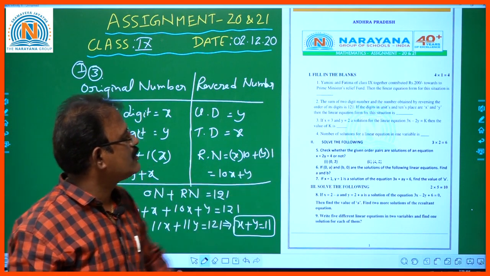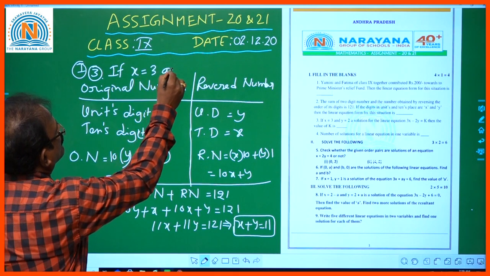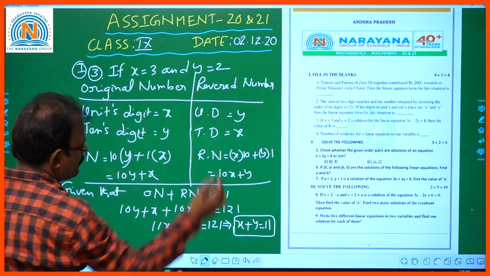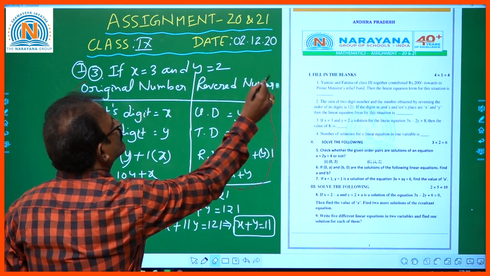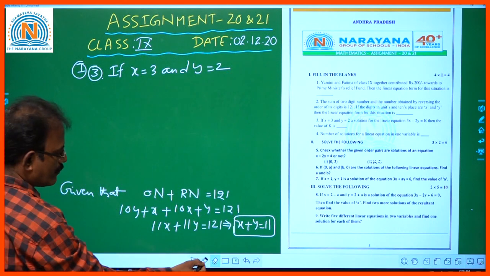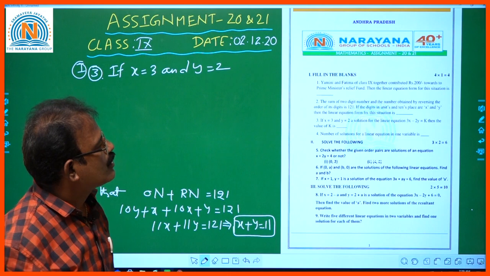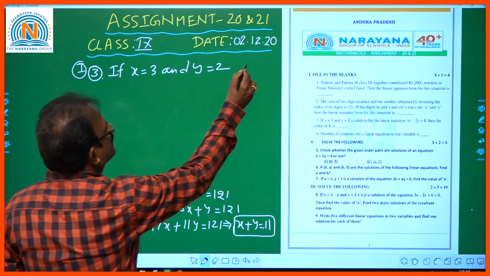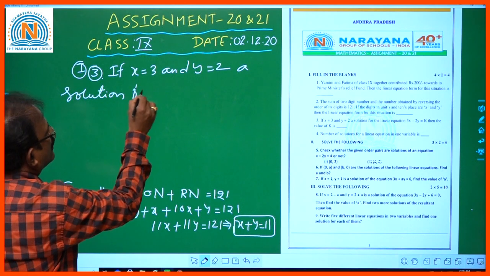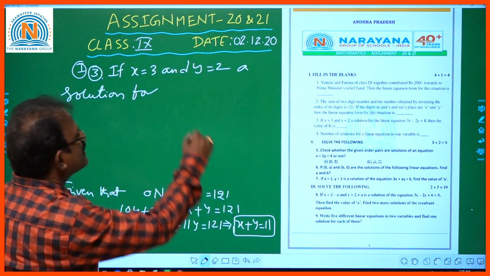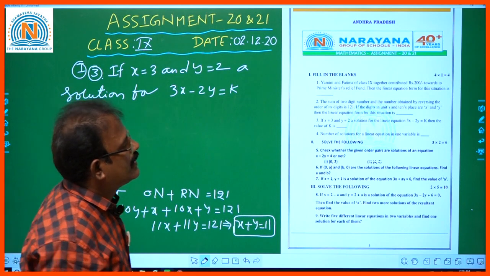Third one. If x is equal to 3 and y is equal to 2 is a solution for the linear equation 3x minus 2y is equal to k, then what is the value of k?